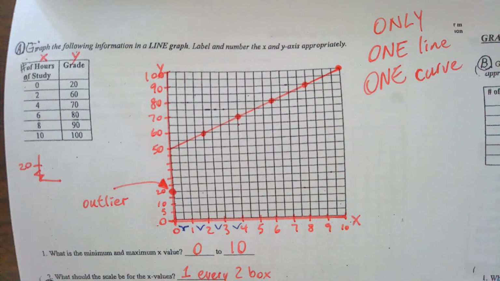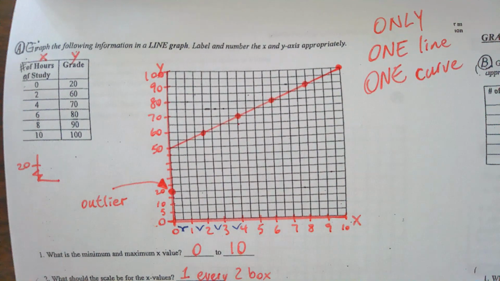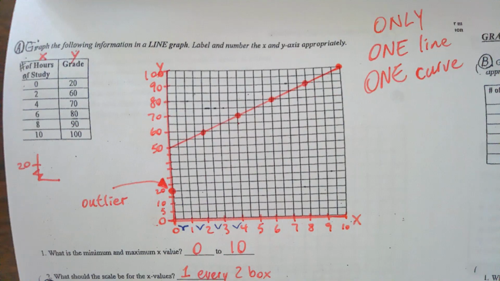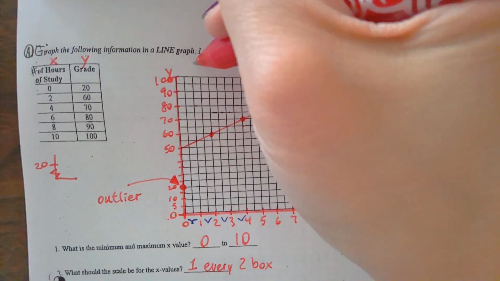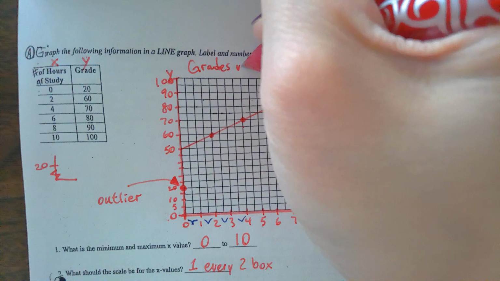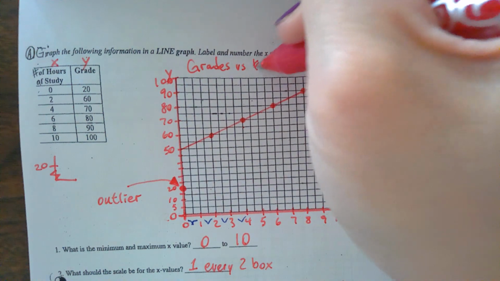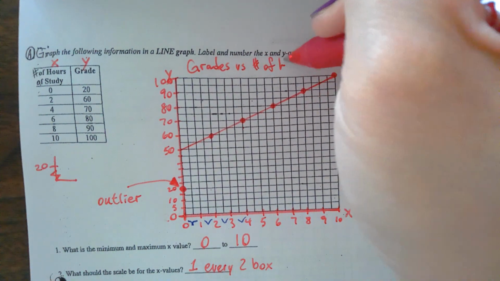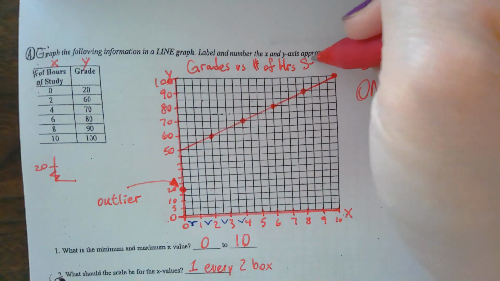Okay, so looking at just this graph right here, will I get full marks for this graph? Title, right. So we said right here, grades versus number of hours. Okay, what else?